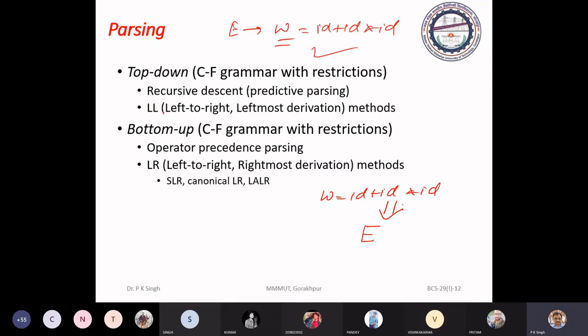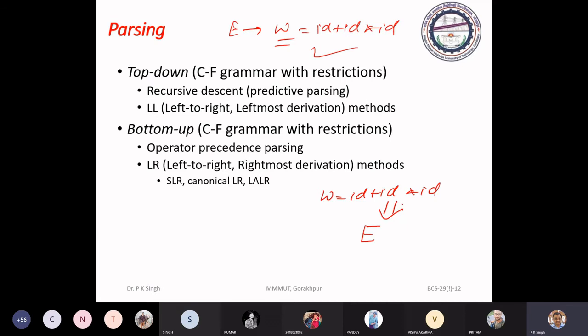Non-recursive predictive parsing. The recursive descent parsing is also called predictive parsing, but that is recursive. LL parsing is again predictive parsing, but it is non-recursive. Okay.